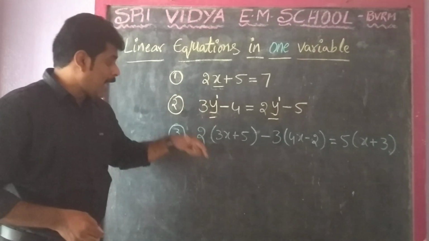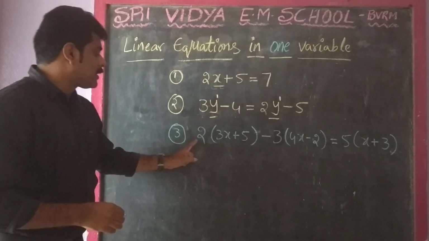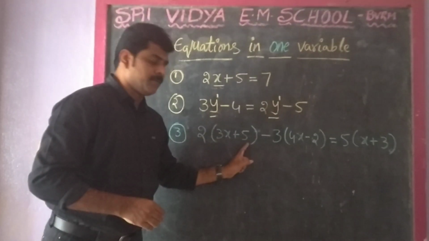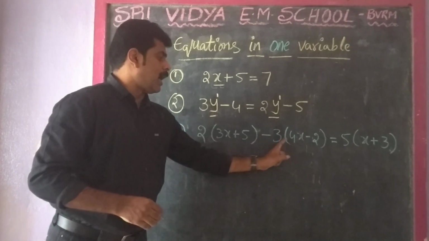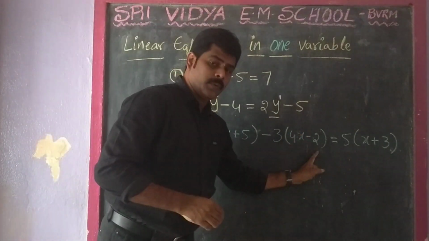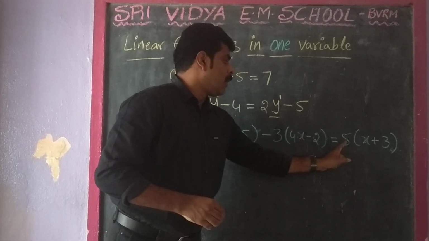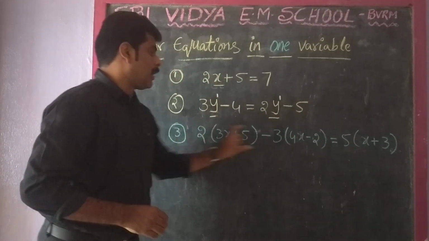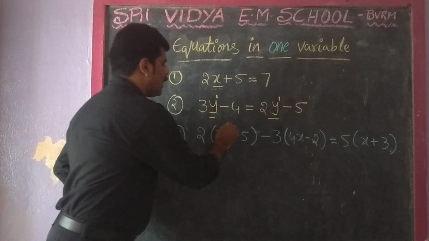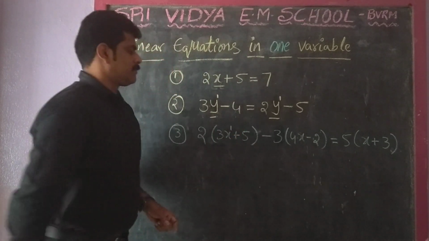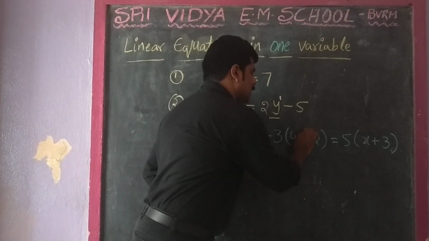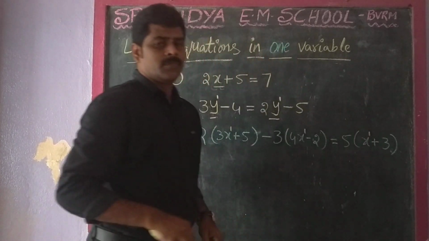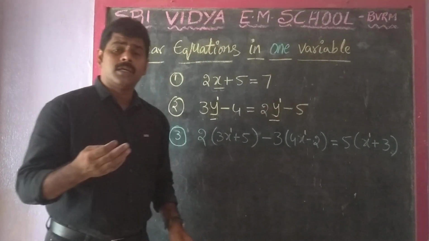Then comes another one. 2 of 3x plus 5 minus 3 of 4x minus 2 is equal to 5 of x plus 3. Look at this entire one. Here the exponent is 1, here the exponent is 1, and here also the exponent is 1. Then what is its degree?